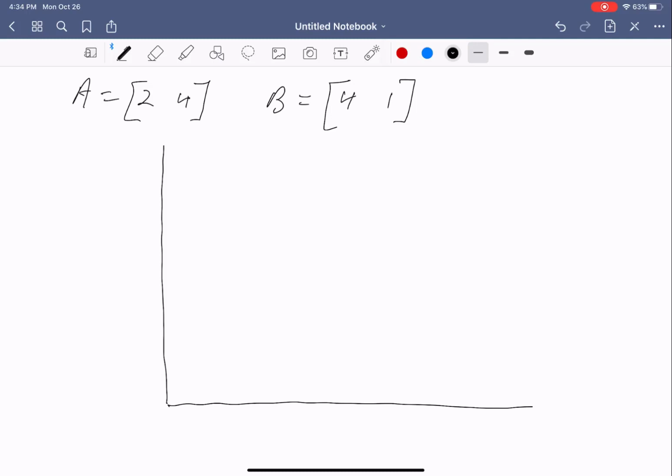So we have 1, 2, 3, 4, 5, and let's go to 6, and the same thing here: 1, 2, 3, 4, and let's go to 5 here, and that's our 0.